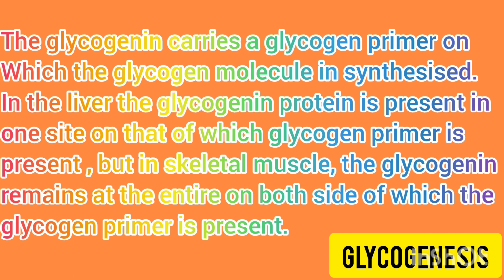This glycogenin carries a glycogen primer on which the glycogen molecule is synthesized. In the liver, the glycogenin is present at one site on which the glycogen primer is present. But in skeletal muscle, the glycogenin is present at the center, and on both sides of it the glycogen primer is present.